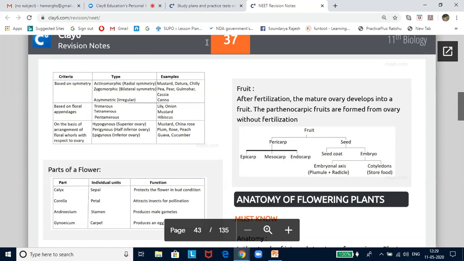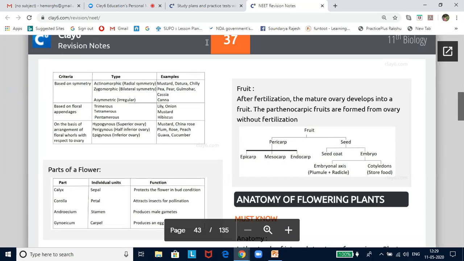It is analogous to bilateral symmetry of the animal kingdom. Example, pea, gulmohar, and cassia. Asymmetric, irregular: it cannot be divided into two halves, as in canna.